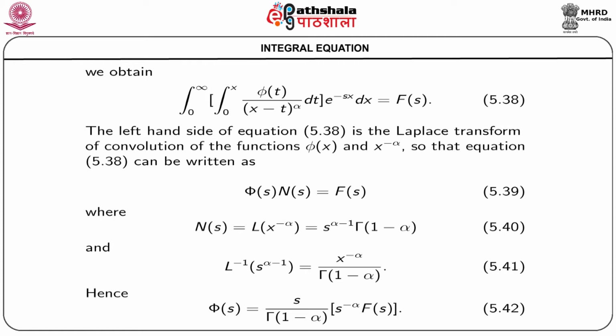Hence, if we take the inverse of s to the power alpha minus 1, we get back x to the power minus alpha by gamma of 1 minus alpha. Hence, from 5.39 we can write capital Phi s as capital F s divided by capital N s, which can be written as given in 5.42.